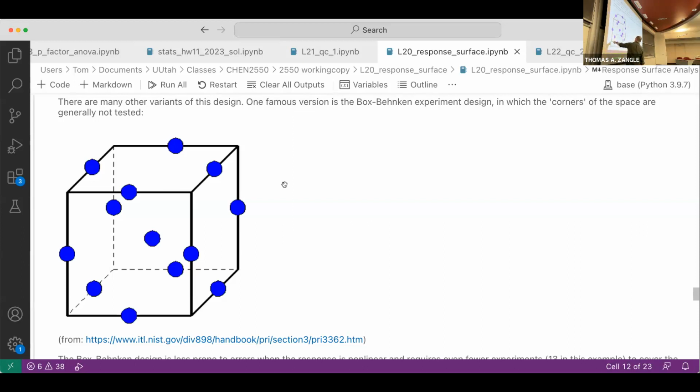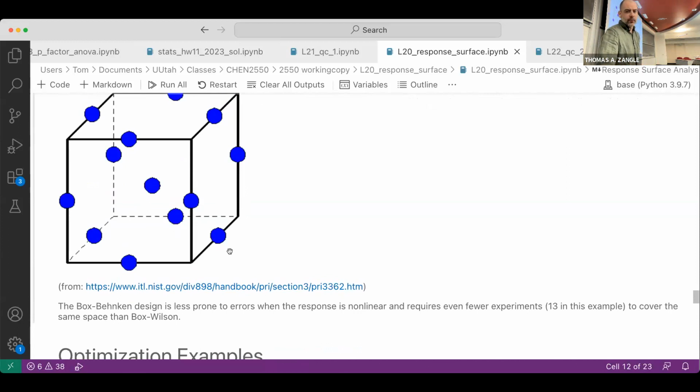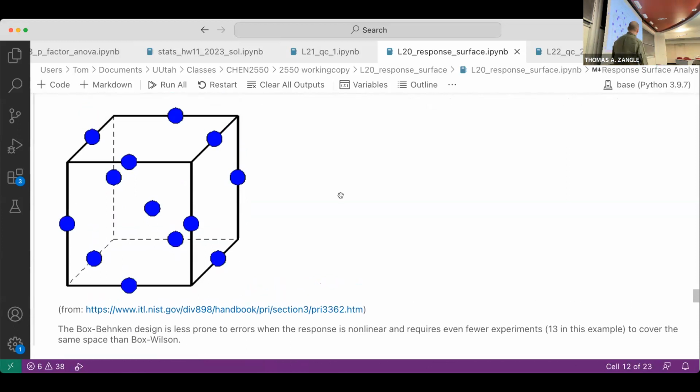And we actually don't test the corners at all. We're not testing the corners at all, but we're testing the midpoints on the faces between all of those corners. And with this kind of design, we end up with a design that does pretty well even when the response is nonlinear.